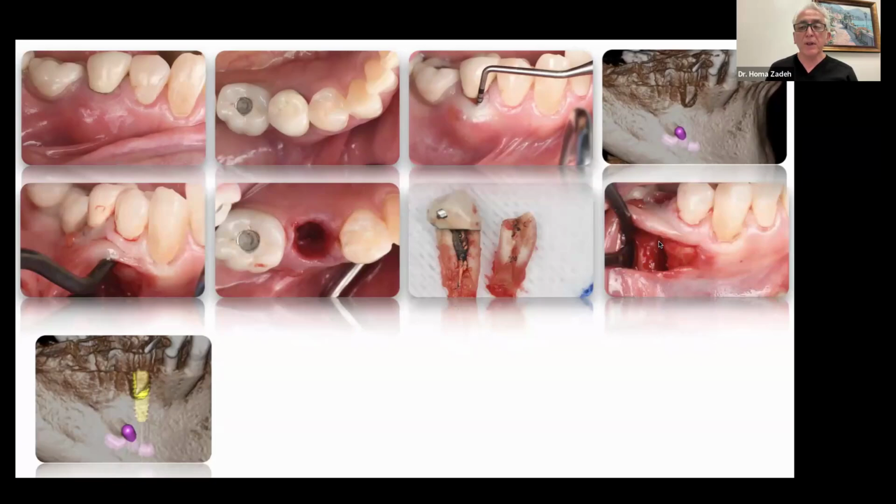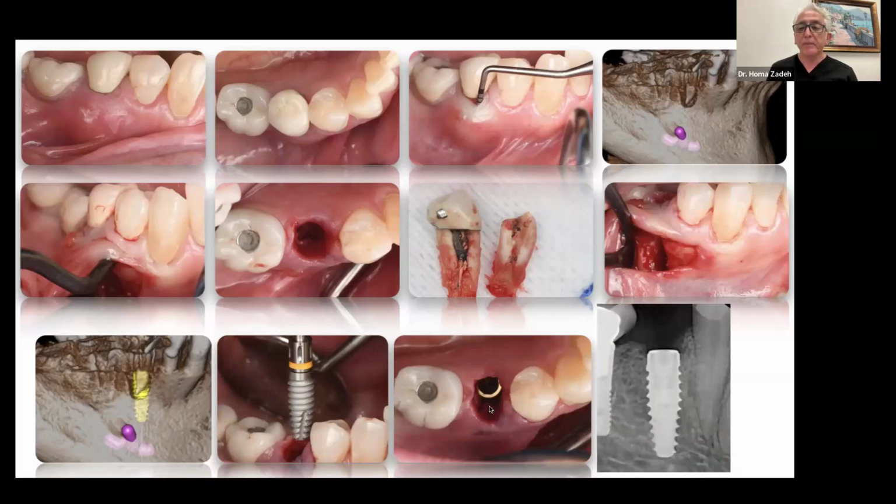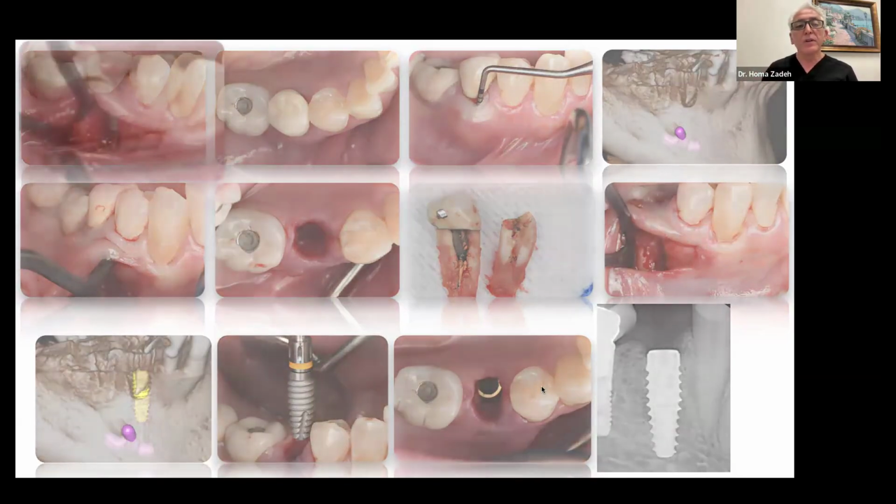Through that vestibular access, we can visualize the dehiscence, placing an immediate implant with good stability. It's really important that the implant is placed as far lingually as possible. In this case, we had more than 4 mm of gap. And then the implant is in good position.